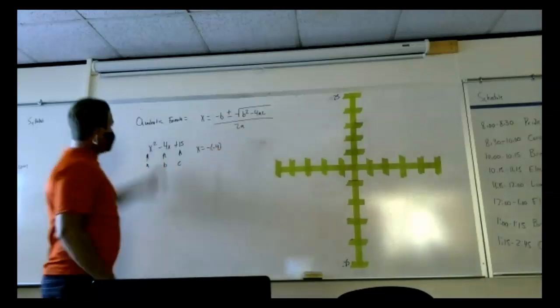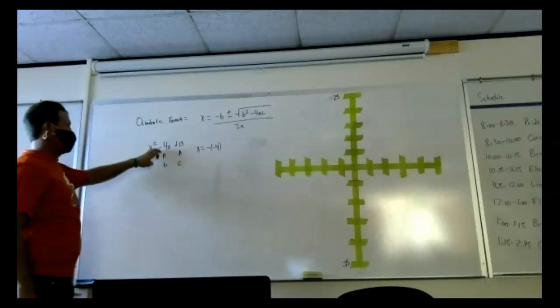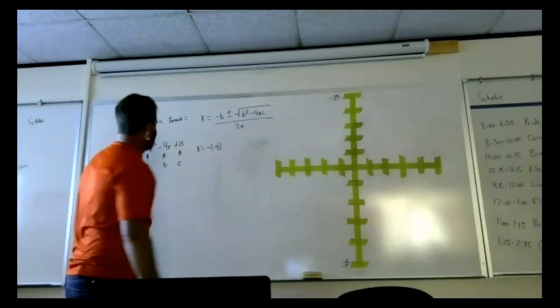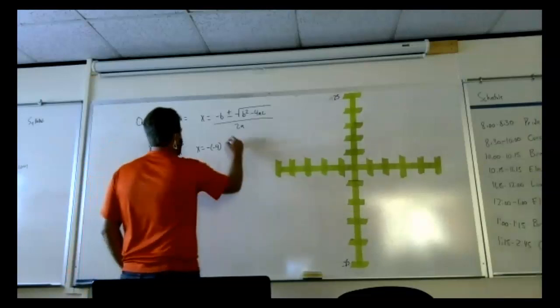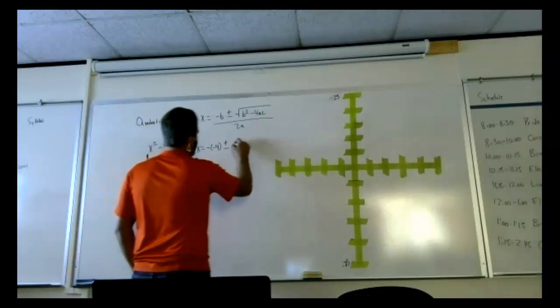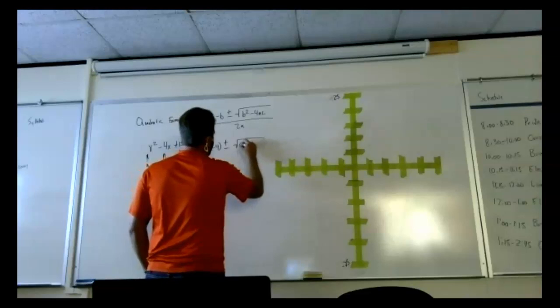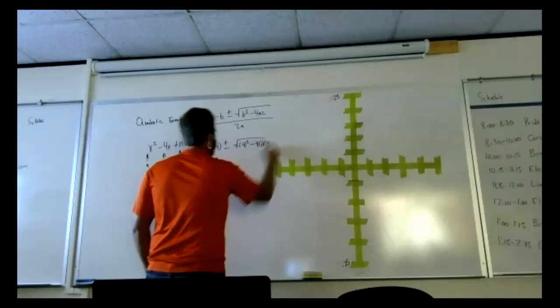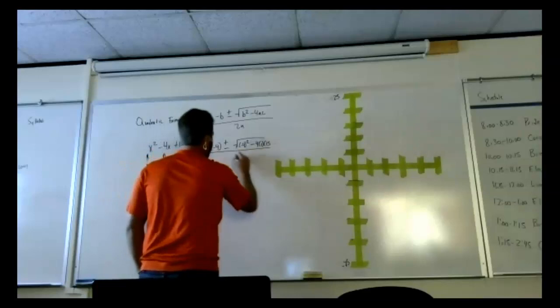If it was a positive at the beginning, like x squared plus 4, then we would just use negative 4. So x equals the opposite of b, plus or minus the square root of negative 4 squared minus 4 times 1 times 15 all over 2 times 1.